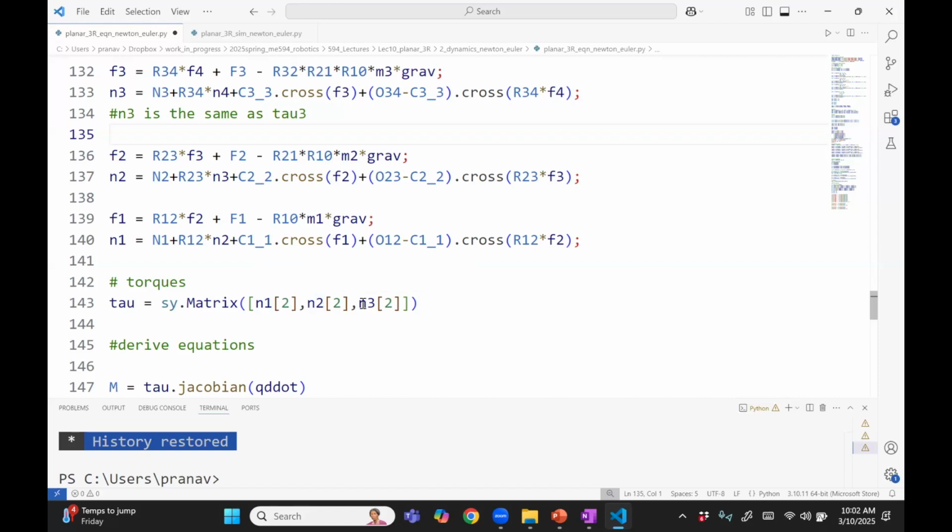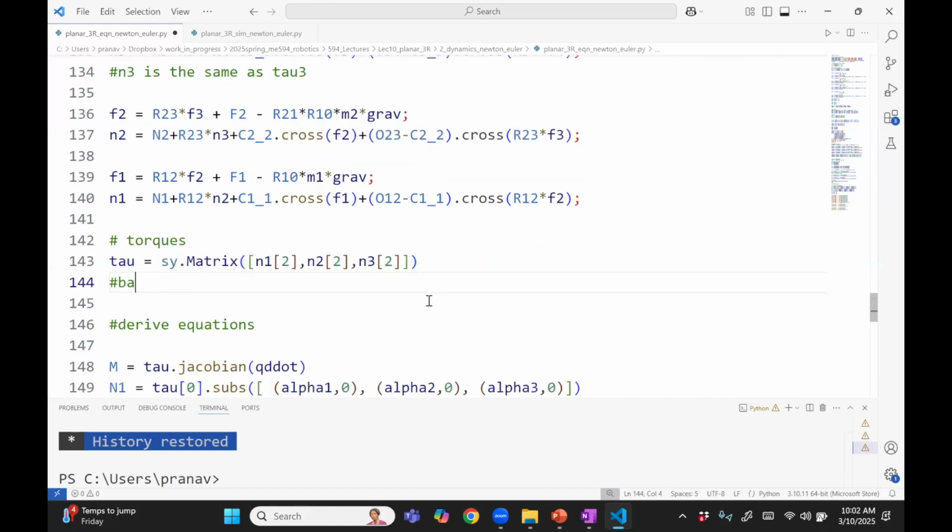Similarly, N2 z component, N3 z component, because it rotates about k, which is equal to the 2 axis.